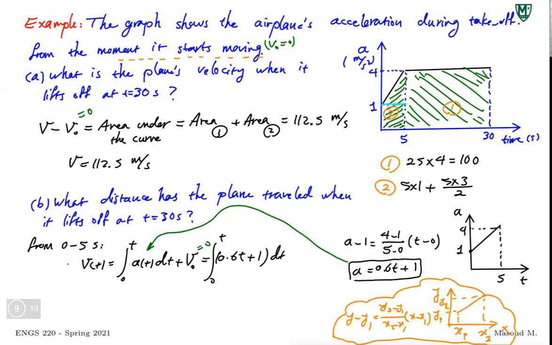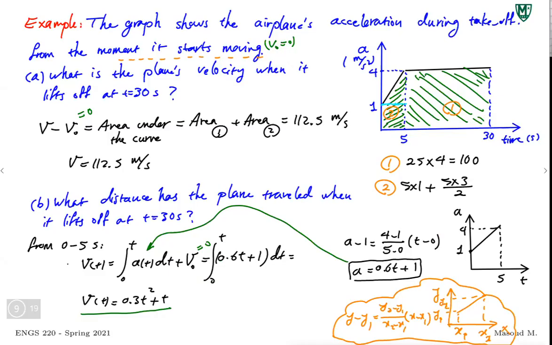We already established that. So all you need to do is calculate this integral. This becomes v of t is 0.6 t squared divided by 2, so it's going to be 0.3 t squared plus t. This becomes your v as a function of time.